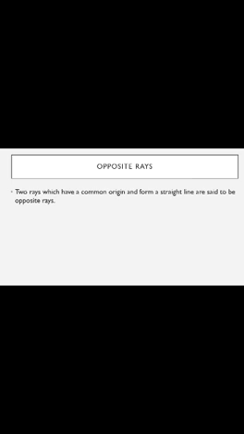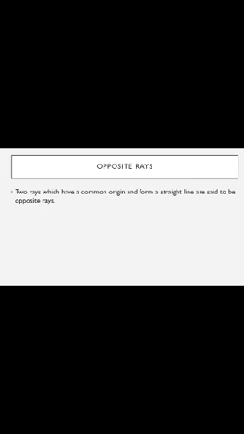Now 6th: if the measure of angle A is equal to 70 degrees, what is the measure of the supplement of the complement of A? Supplement of the complement of A, that you need to find out.